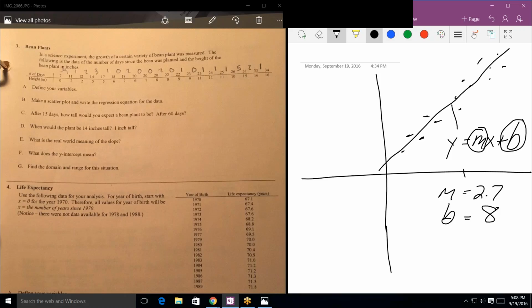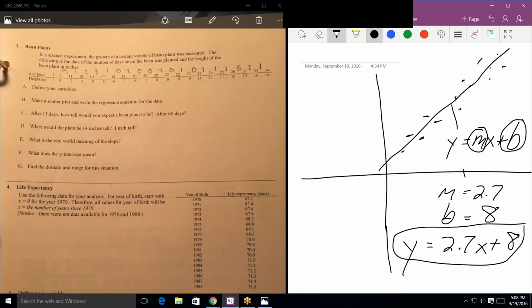Well, that means the line that it's telling you is the least squares fit is this line right here. That's what that means.